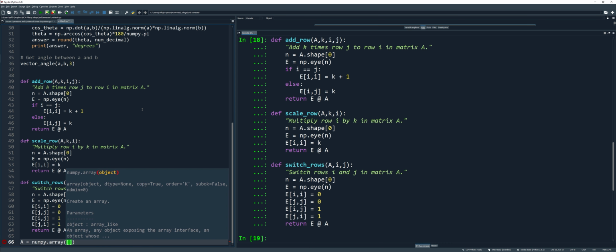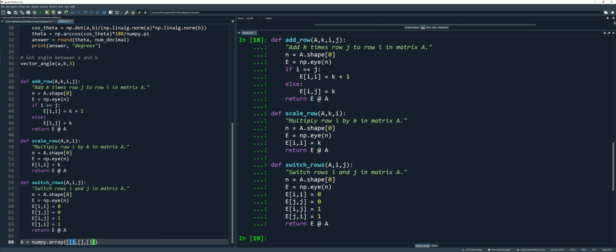And we still have this bracket function to indicate that we are now typing the elements of the array. Now, since we want to create a 3 by 3 matrix, we have to create 3 brackets separated by a comma. So basically, this bracket here is the first row of the matrix. This is the second row of the matrix, and this is the third row of the matrix. However, when Python counts, actually, it starts from 0, not 1.